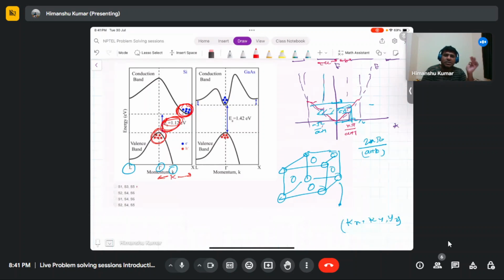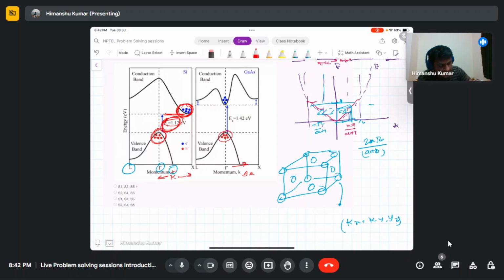If you solve using perturbation theory, you can understand why this transition happens. With absorption of a photon, the change of level takes place at the same momentum. But in the case of silicon, on the x-axis you also need to change the momentum. So this is known as an indirect band gap material. But in the case of gallium arsenide or other direct band gap materials, no change of momentum is required. Delta K is not required.